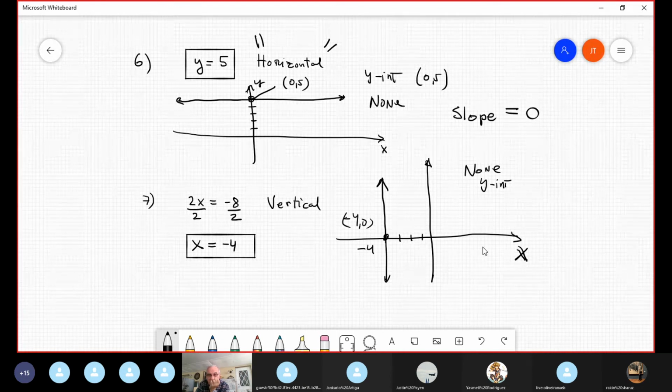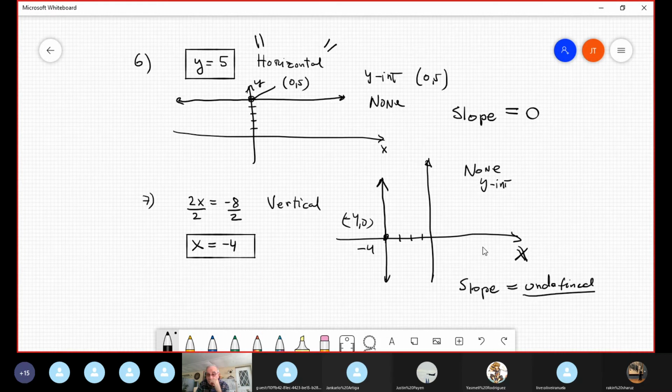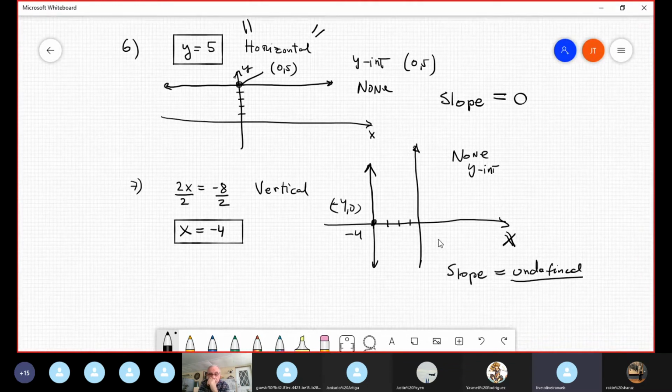Making sense, right? Because it's totally flat. So it's no up, no down. So rise is 0. However, the vertical slope is complicated. This is undefined. Do you remember this or no? Yes, I do remember, Professor. Thank you.